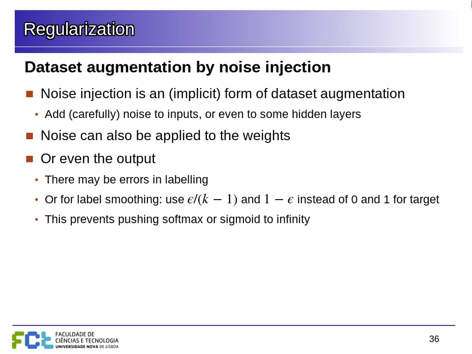We can also apply noise to the weights of the network or even to the output. For example, suppose we have a binary classification problem and a sigmoid output. If we say that examples in class 0 must have a probability of 0 of being in class 1, and examples of class 1 must have a probability of 1 of being class 1, we are forcing the weights to be very large, because the sigmoid only approaches 0 at minus infinity and 1 at plus infinity.